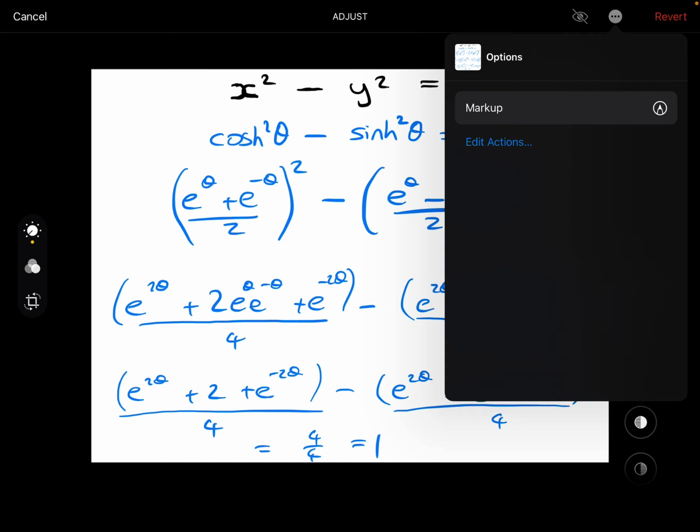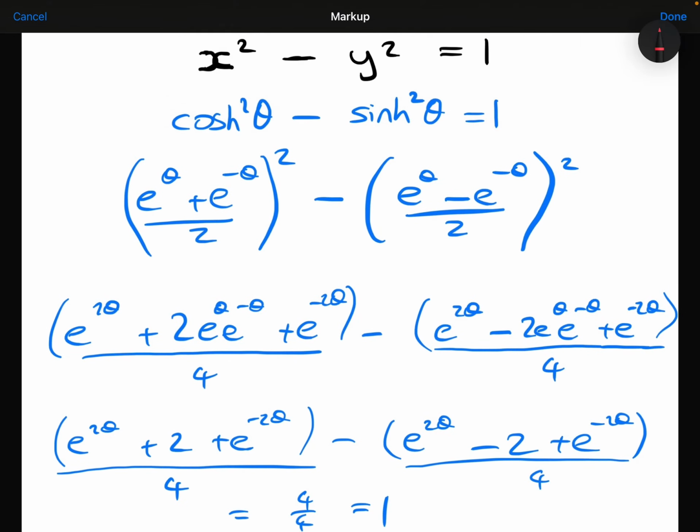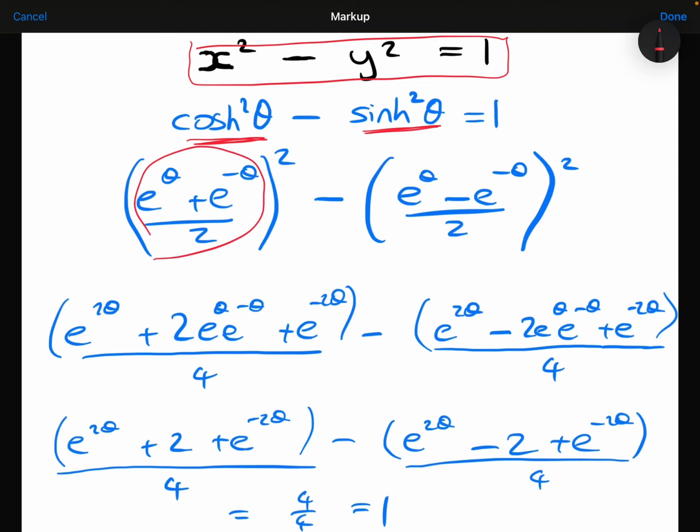So I've written all this out, I'm just going to talk you through it. Remember, this is the equation for the unit hyperbola, and I'm saying that x is cosh theta and y is sinh theta. And now I'm just substituting in these exponential forms of cosh and sinh. So here is cosh, here is sinh.